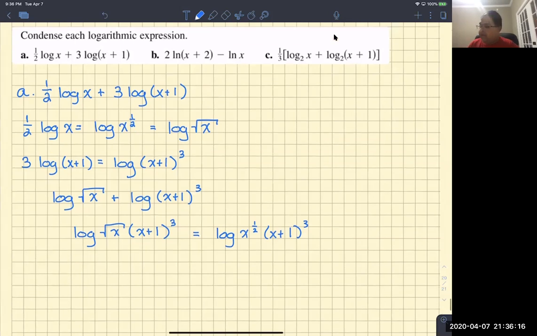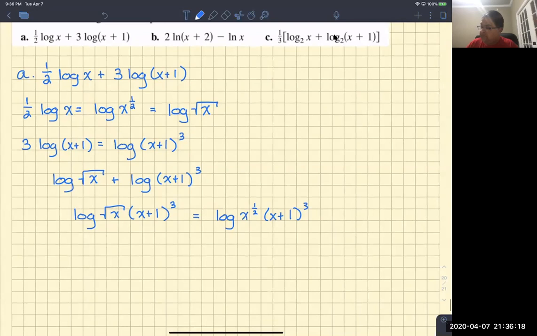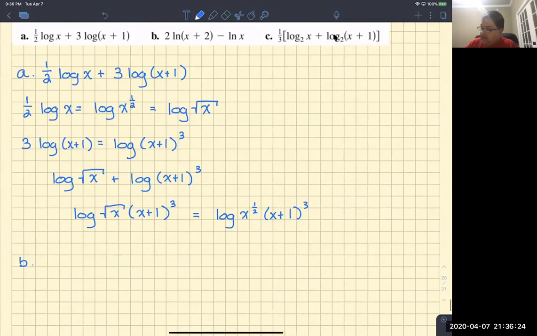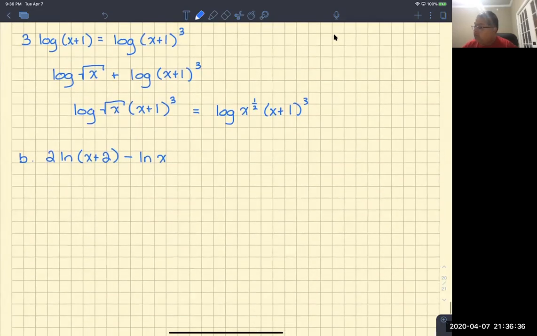Now B. B says 2 times the natural log of x plus 2 minus the natural log of x. So you remember the way I told you would be the easiest way to do it.